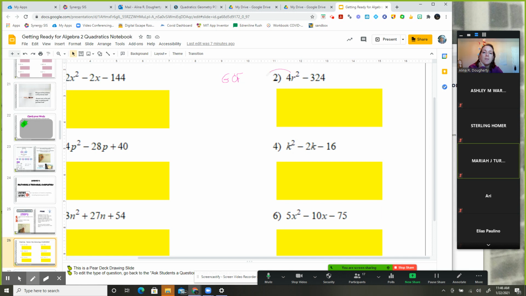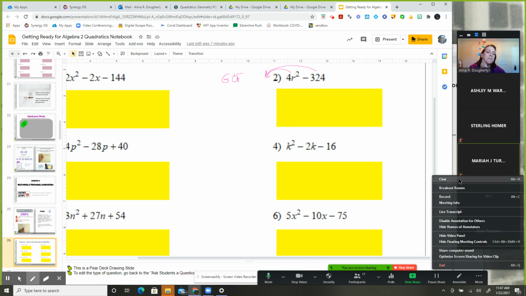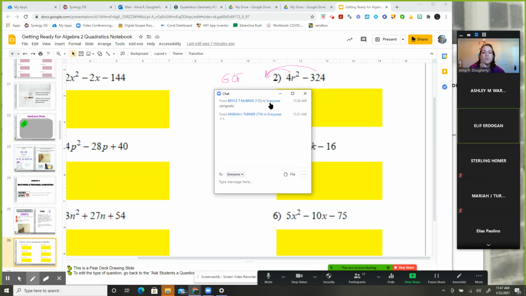Is there a greatest common factor that I can take out of 4r squared and 324? What can I divide both of those by? 2 will work. Is there a bigger number I can take out? Try 4, yeah.